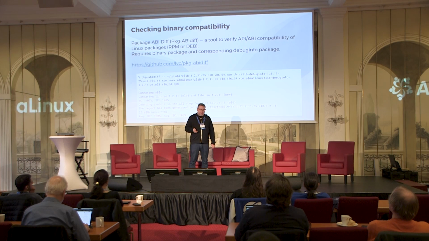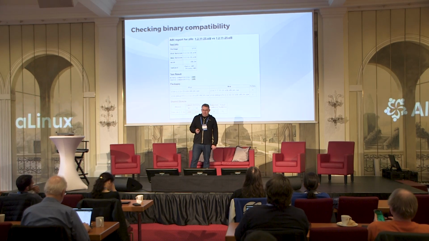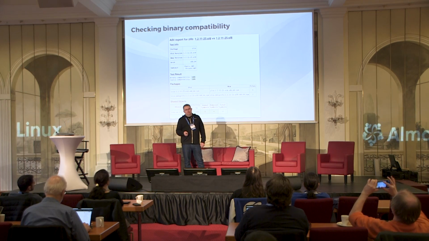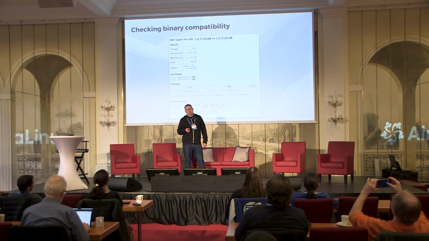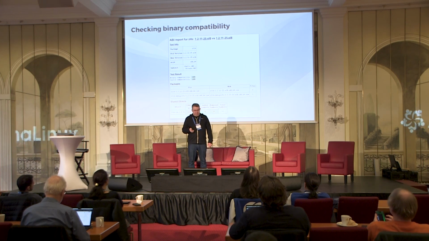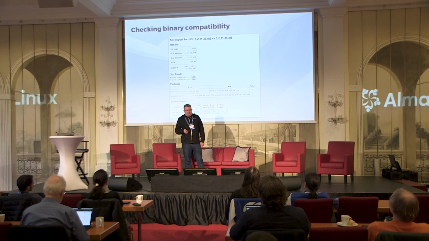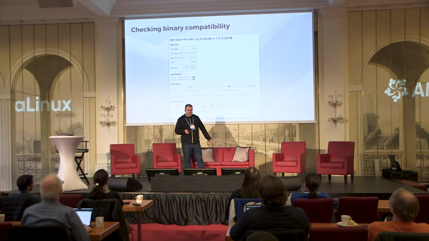We can run this tool, and after that we get a result in HTML, again, that will prove that the packages are 100% compatible, both in ABI and API. So everything is fine here. Nice, OK, we build packages and create some repos with them.